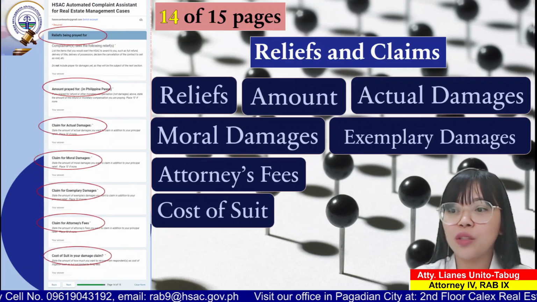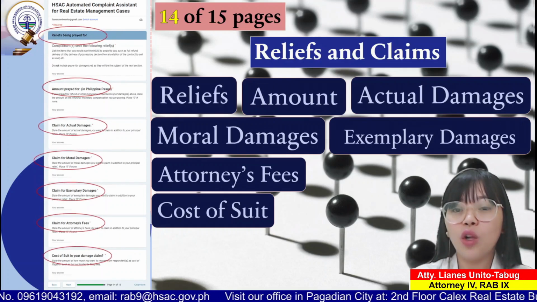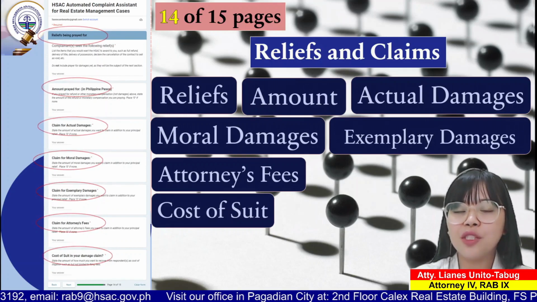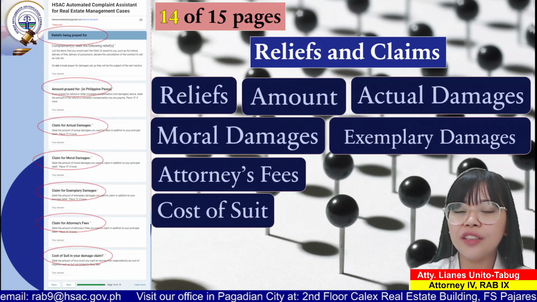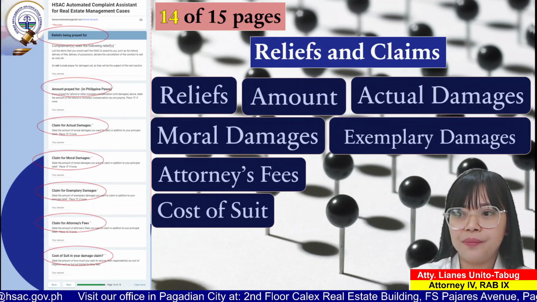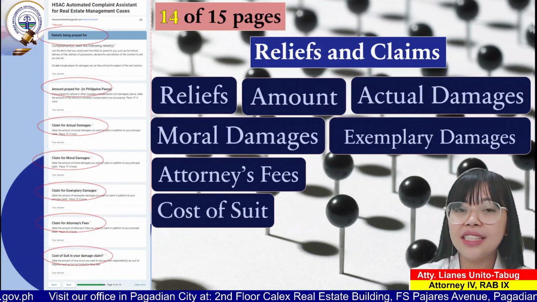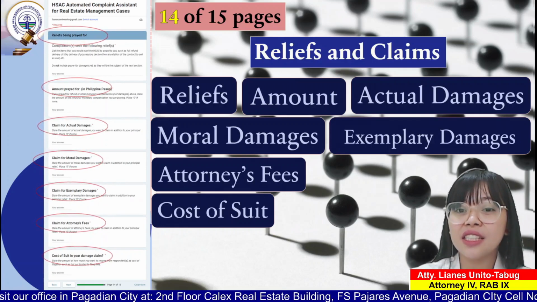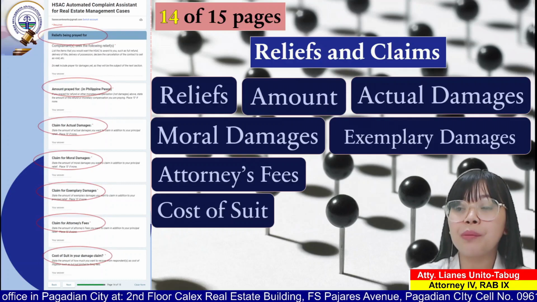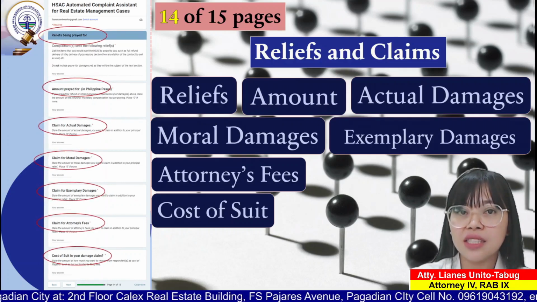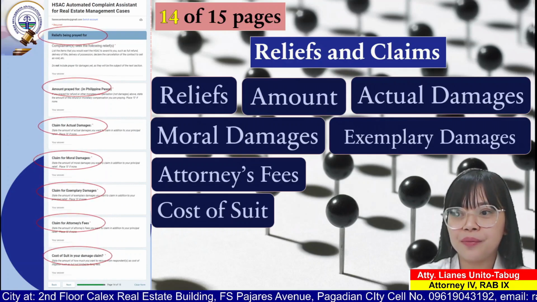So for actual damages, also known as compensatory damages, are damages awarded equivalent to the loss a party actually suffered. They're intended to provide the monetary amount necessary to cover or to replace what was lost for the damages caused by the respondent.